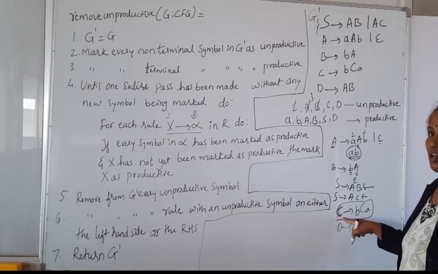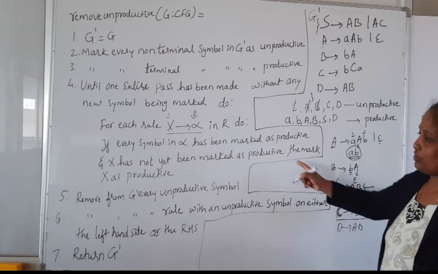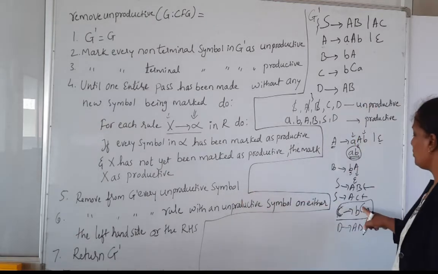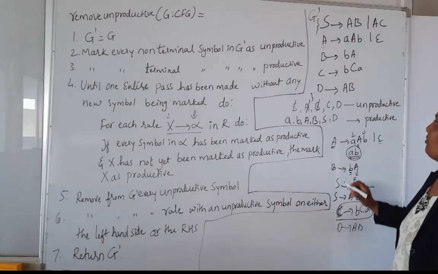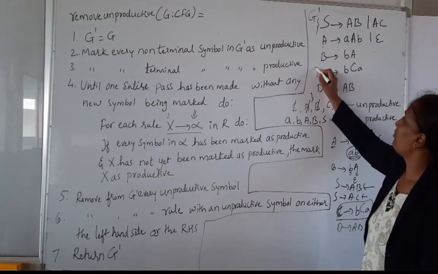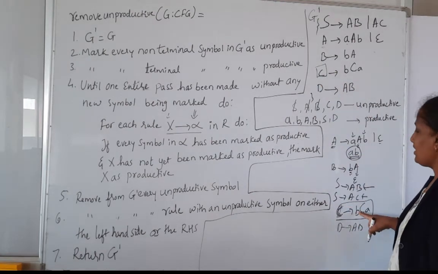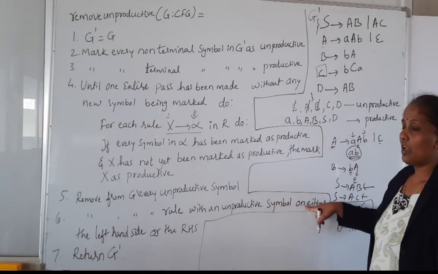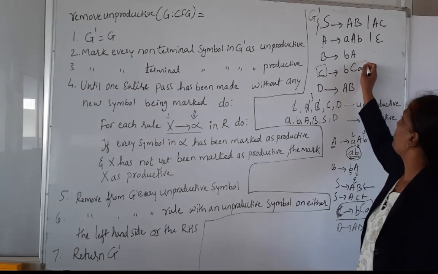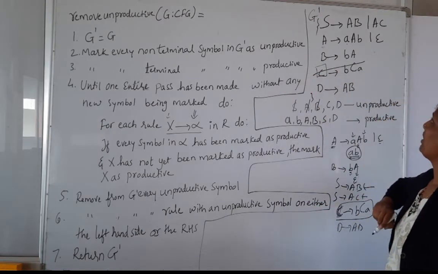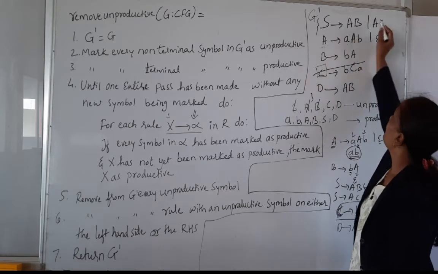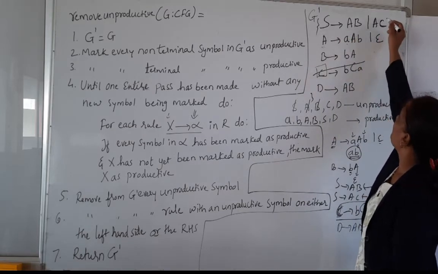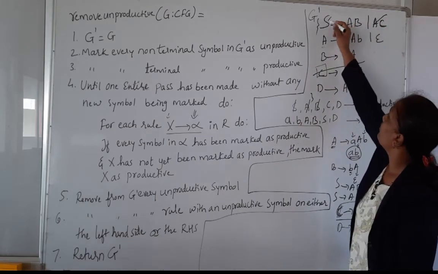And according to the fifth step, I am going to remove this symbol from the grammar, and its related rules I am going to delete from left and right hand side. So based on that I am going to delete this rule from the grammar, and S produces AC is there, so C is a part of this, so I am going to delete this rule.